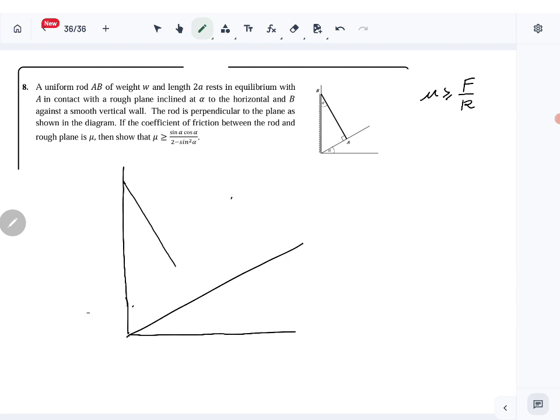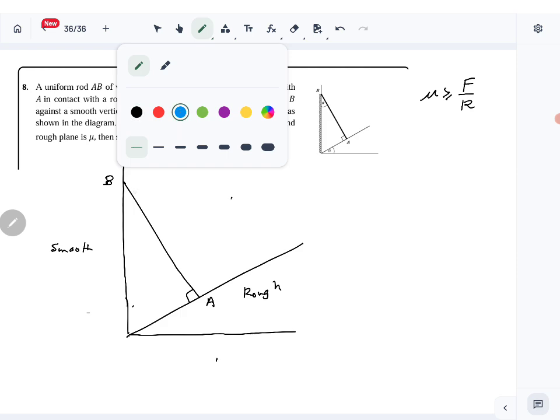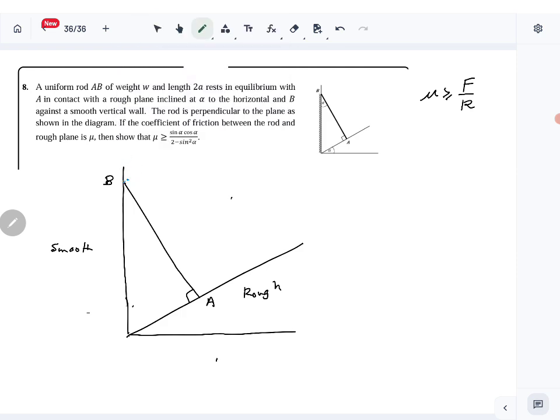So we have this, and this is smooth, this is rough. Then let's start marking the forces. This is smooth, so only the normal reaction is there.